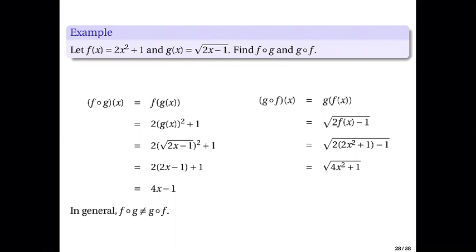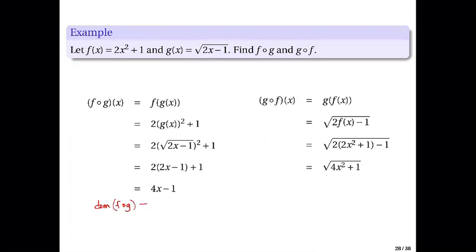Now, how do you get the domain of f circle g here? You start with the domain of g of x, or the domain of g. Okay? Let's work on that. Let's look at the domain of f circle g.